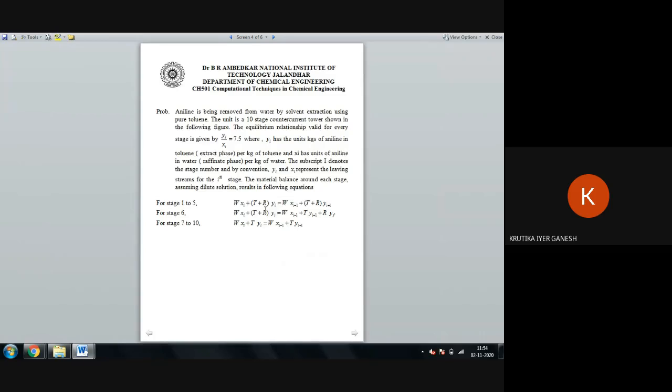Sir, one question. Xi is coming down, no, sir? Like the water is coming down, and the toluene and R are going up. So shouldn't the sign be minus, because they are in opposite directions? No. How minus? We are balancing mass coming in and going out.